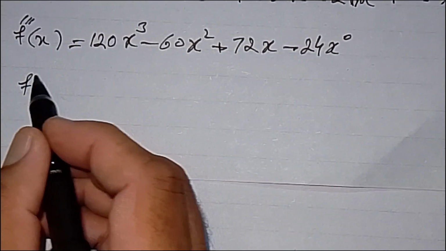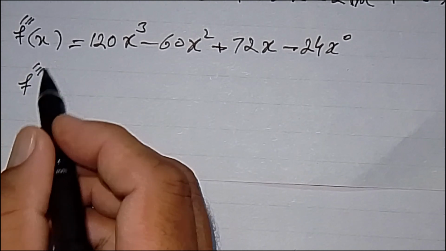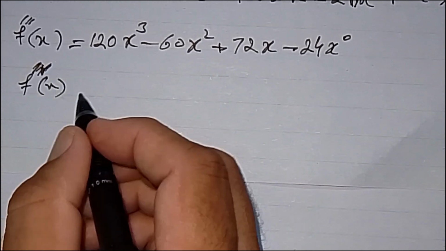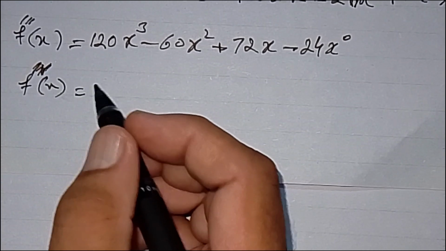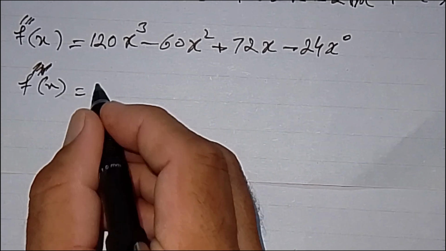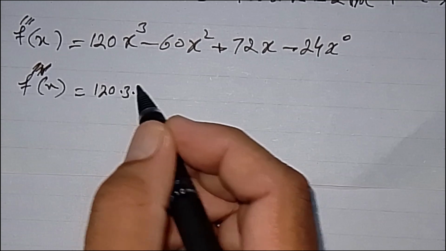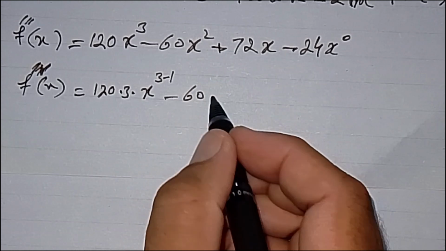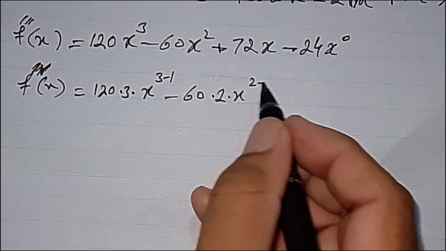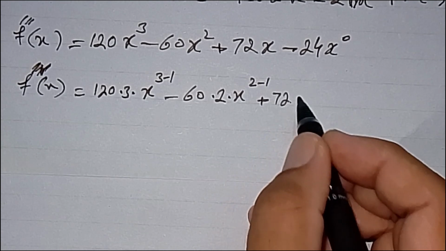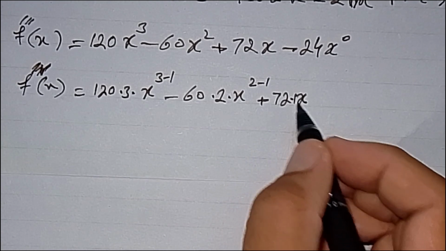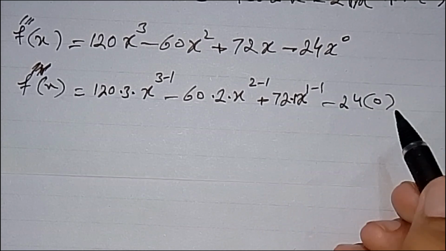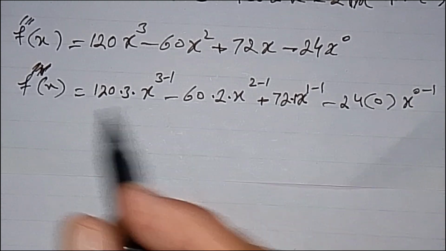Now from f triple dash x we find the fourth derivative, f 4 x. Sorry: 120 into 3 into x raised to the power 3 minus 1, minus 60 into 2 x raised to the power 2 minus 1, plus 72 x raised to the power 1 minus 1, minus 24 into 0 x raised to the power 0 minus 1.